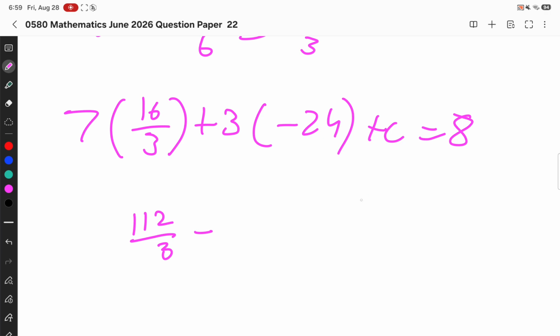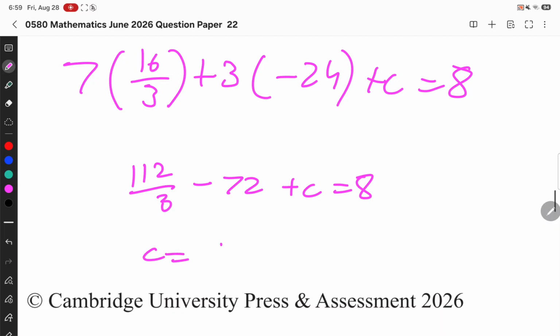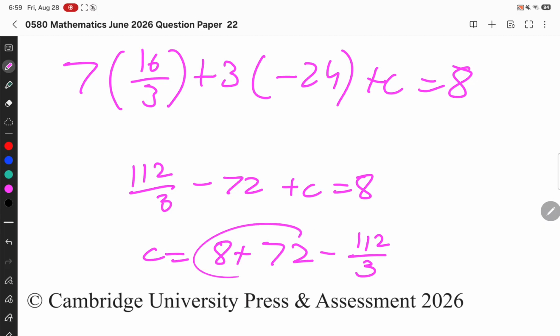So c is equal to 8 plus 72 minus 112 over 3.